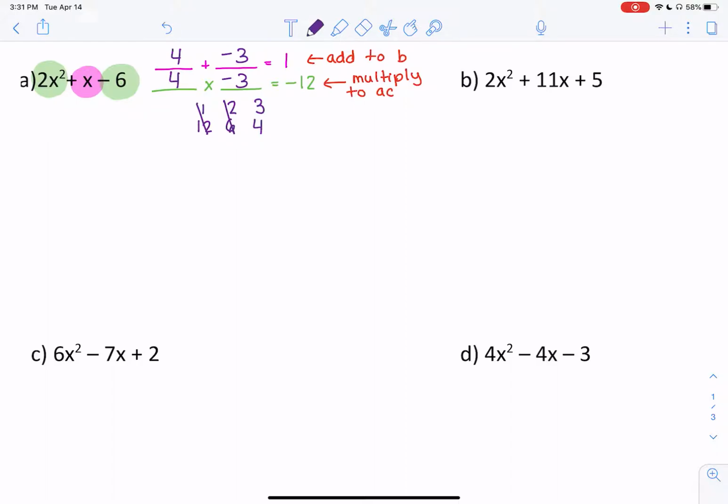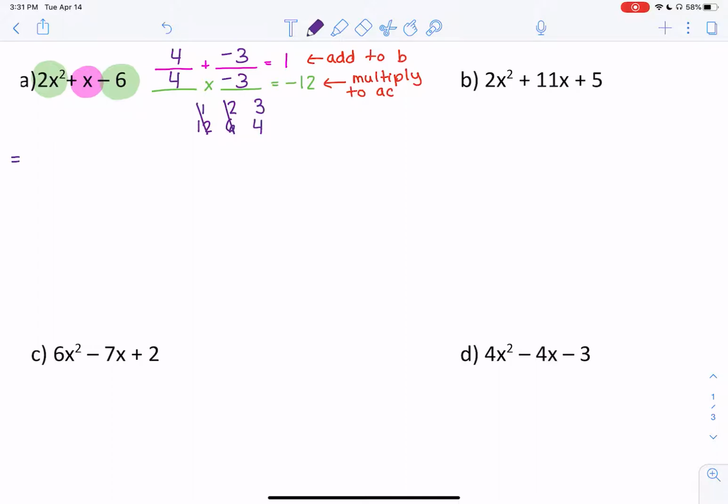Now we're going to use them. So if we think about when we are expanding, we always need to collect like terms. Now what we're going to be doing here is we're basically going to be doing that backwards. So instead of collecting like terms, we're trying to figure out what the like terms were before they were collected.